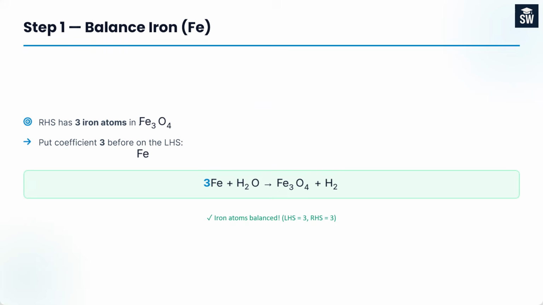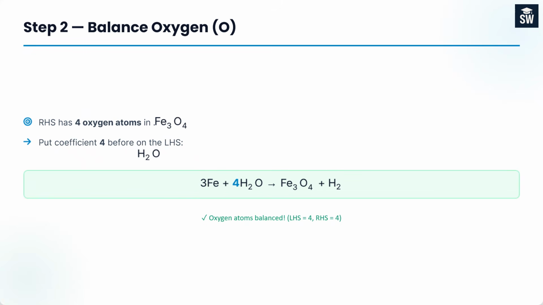So we will balance the atom which has the highest number of atoms. On the RHS there are 3 iron atoms in Fe3O4, so you put just 3 before Fe on the left-hand side, like this. After that, there are 4 oxygens here, so you have to put 4 in front of the H2O.